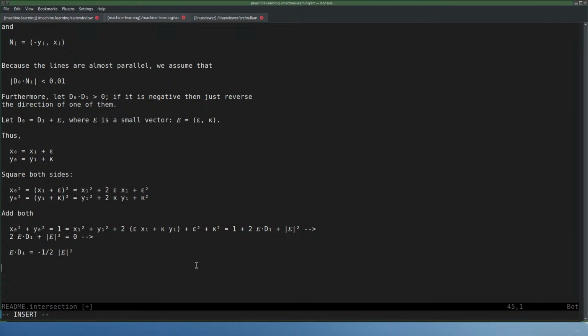I really wish I could make a drawing. Okay, make a drawing, but you can't see it. Something on paper. So I have D0, and then we add E. It's a small vector. And then that result is D1.